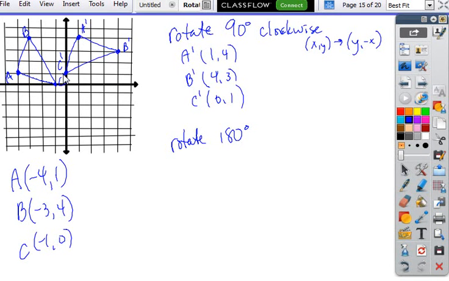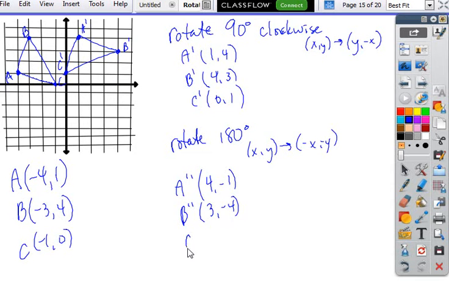All right, so when I do the 180, my rule for 180 says I'm going to change signs. I'm just going to call it A double prime there is going to be 4, negative 1. B double prime is going to be 3, negative 4.